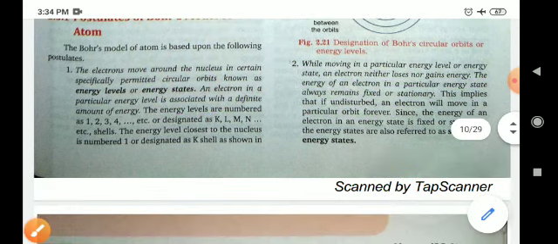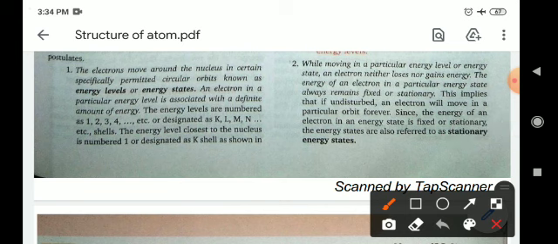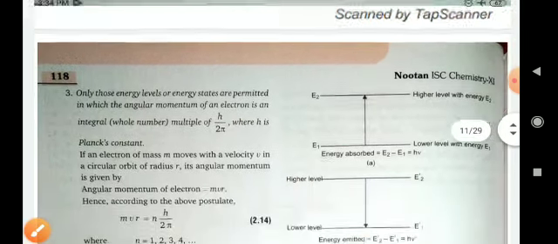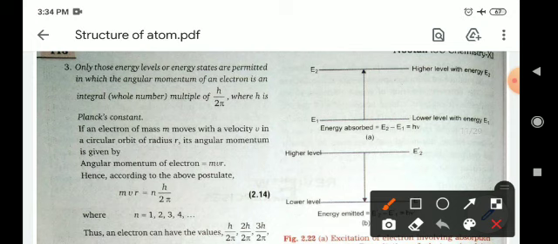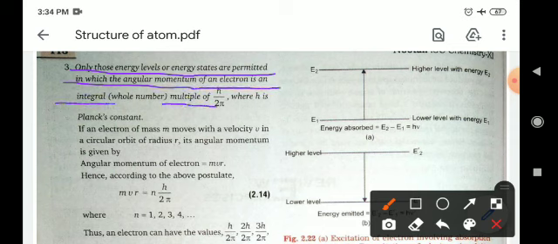These types of orbits present in an atom are known as stationary energy states. Number 3: only those energy levels or energy states are permitted in which the angular momentum of an electron is an integral multiple of h upon 2 pi, where h is Planck's constant.